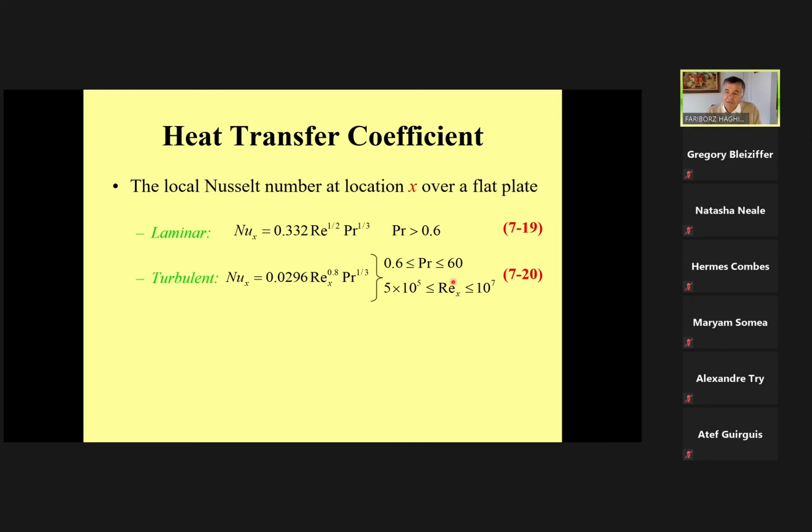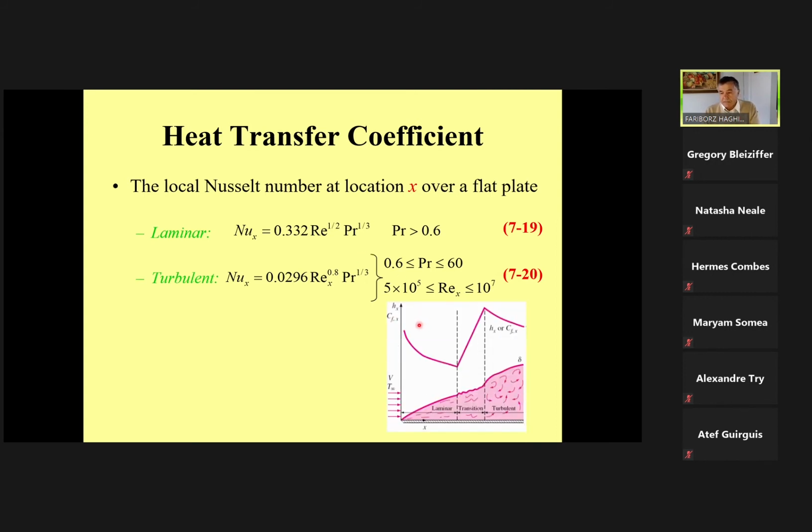Therefore, whenever you use an equation, do not just blindly apply it. It is only applicable in this range. If you get involved in the design of any process, this is just information, but you have to go to the library and look at the handbook of heat transfer, which has 10 volumes, and it will give you more accurate numbers than this one. This is a general number for the wide range that we have seen here.